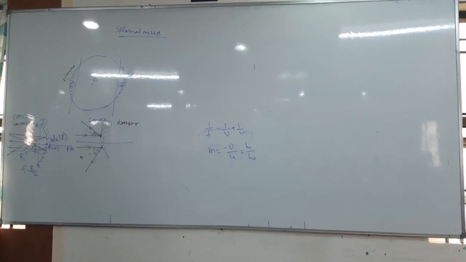Then radius, capital R: distance between pole and center, distance between PC.